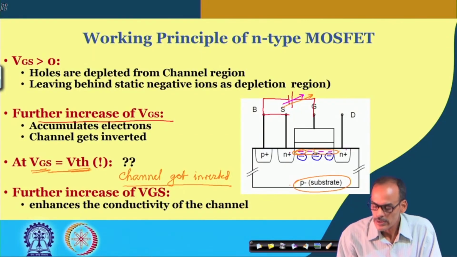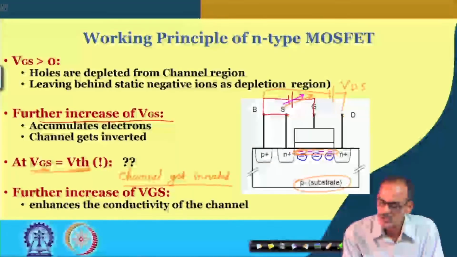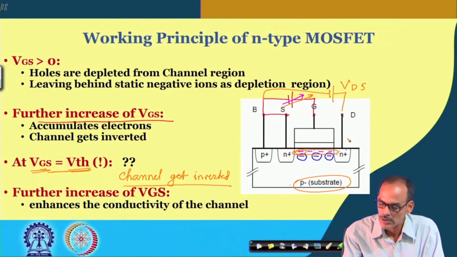So, then instead of connecting the drain and source together or keeping them floating, if we apply some voltage here, you may call this VDS, then it is expected that since these two islands are getting shorted through this channel, the electron layer, there is a flow of current.